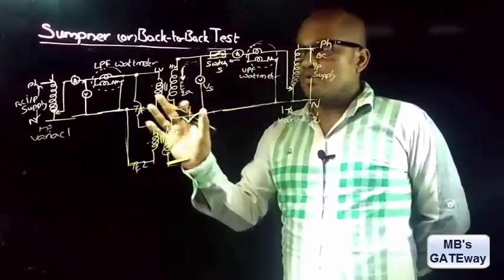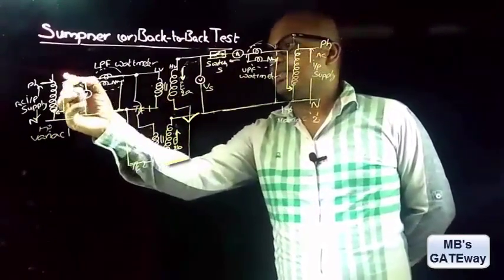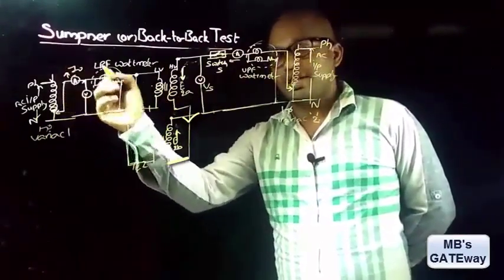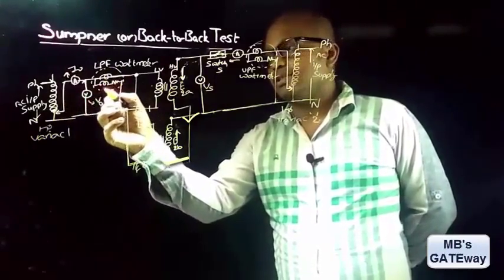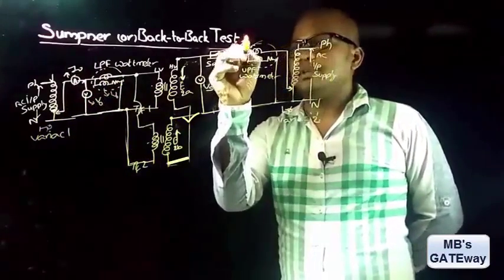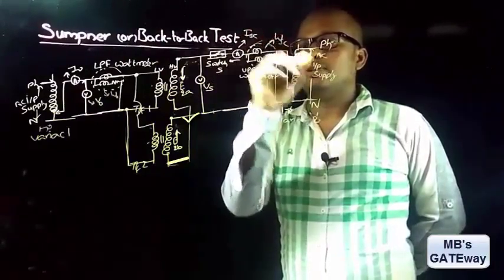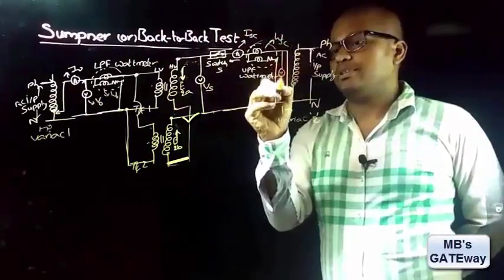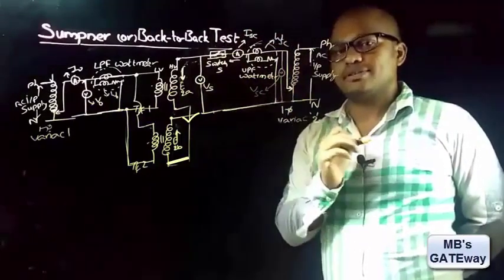Now let's see how to find the efficiency and percentage regulation. Here this ammeter reading is represented with I0, this voltmeter reading is represented with V0, and this wattmeter reading is represented with W0, and this ammeter reading is represented with ISC, this wattmeter reading with WSC, and the voltmeter reading here is represented with VSC.